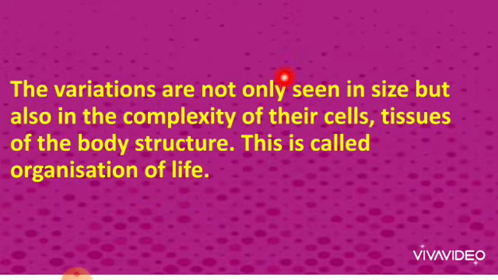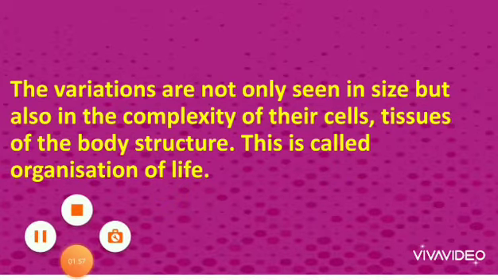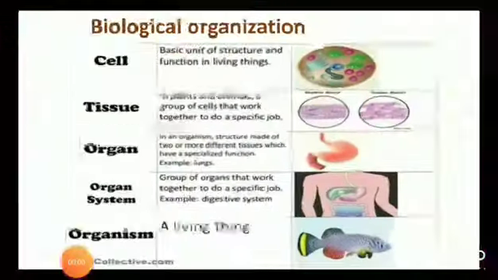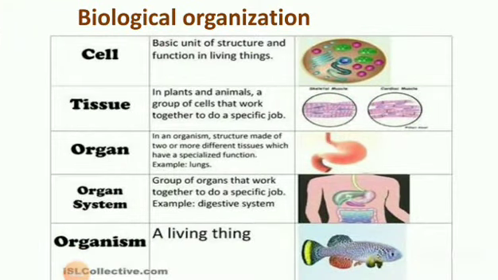Do you understand, children? What is organization of life? The variations are not only seen in size, but also in the complexity of their cells, tissues, and body structure. This is called organization of life. Biological organization: the biological organization is arranged from cell to organism level.